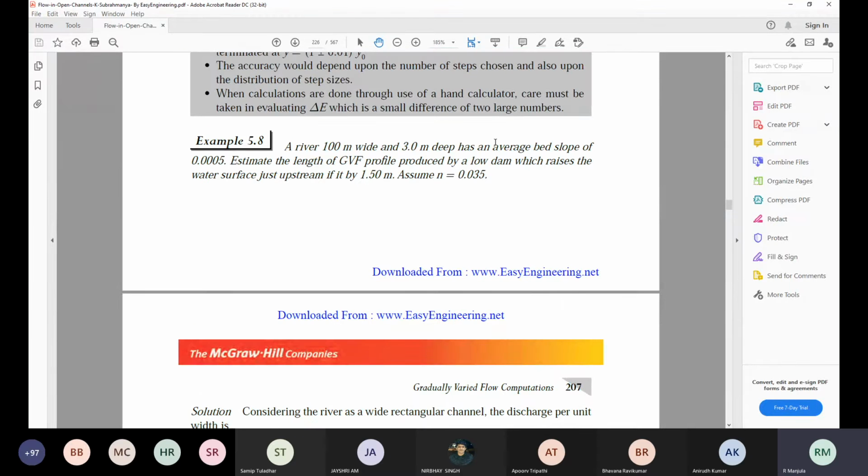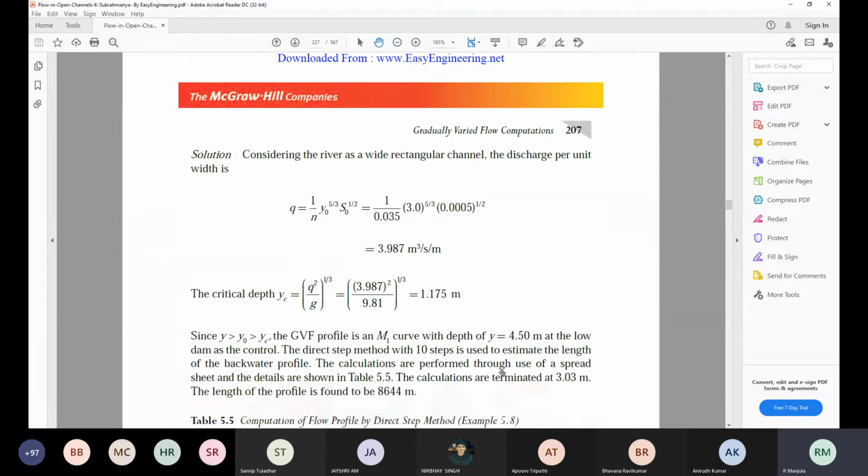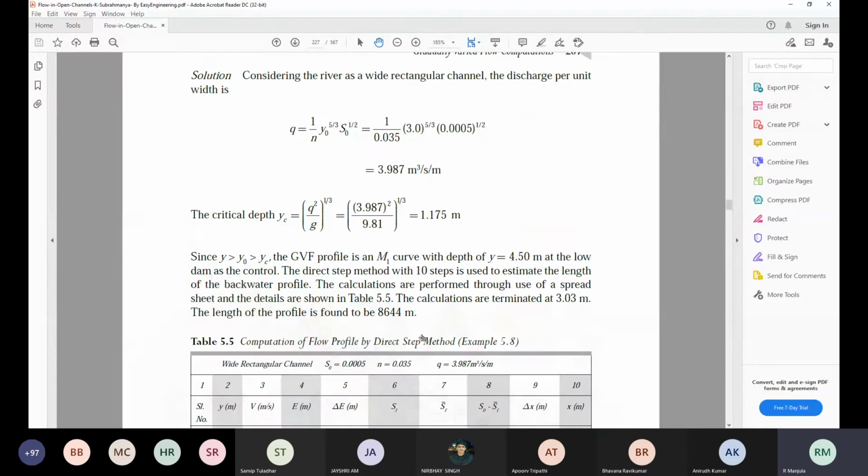Okay, so you have 4.5 meters at the dam because 1.5 meters is the water surface rise upstream. So 3 plus 1.5 is going to be 4.5 meters at the lower dam. So 4.5 meters is y, and hence y is greater than y0, greater than yc. yc is 1.175, y0 is 3 meters, and y is 4.5 meters.